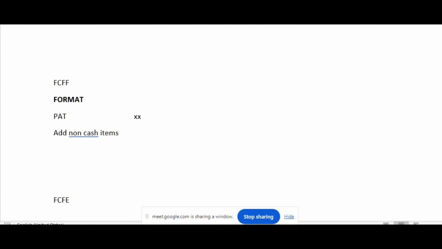Depreciation. Okay. Amortization. Okay, good. Depreciation, amortization, and if there is impairment.